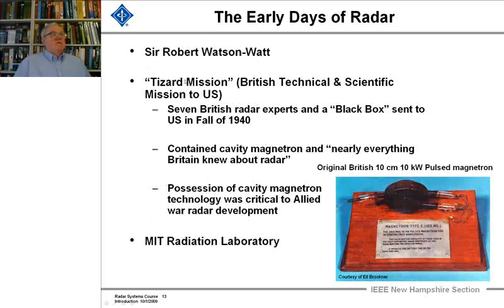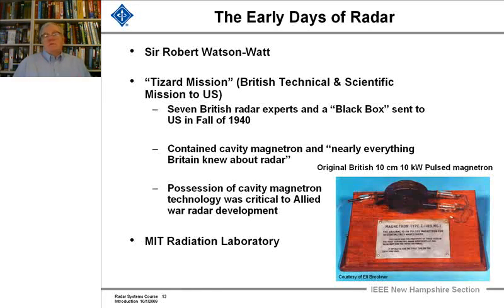Now, I mentioned the Tizard Mission to the United States of their scientific and technical people. Yes, it was 7 radar experts and a black box. Now, in that black box was everything they knew about radar and an incredibly interesting device called a cavity magnetron. It was a way of generating electromagnetic energy at short wavelengths, 10 centimeters, about that much.